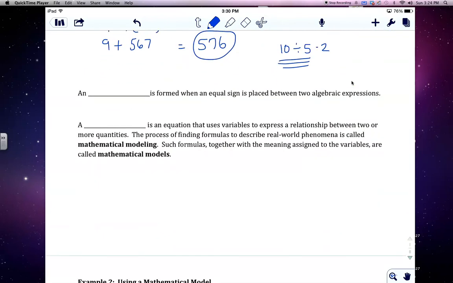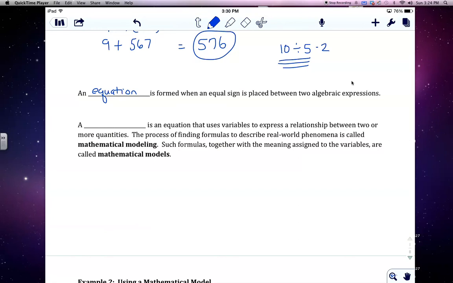An equation is formed when an equal sign is placed between two algebraic expressions. Later on, or maybe on the test, a lot of my students will get an algebraic expression mixed up with an equation.